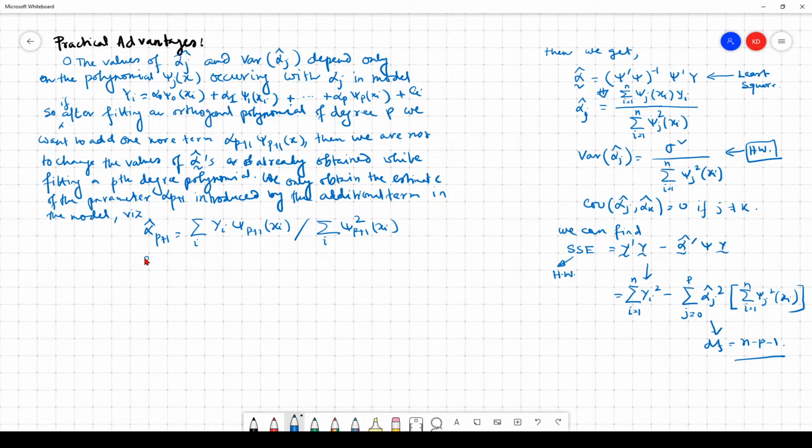Similarly, the variance of alpha hat p plus 1 is equal to sigma square by the sum over i from 1 to n of psi p plus 1 square xi.